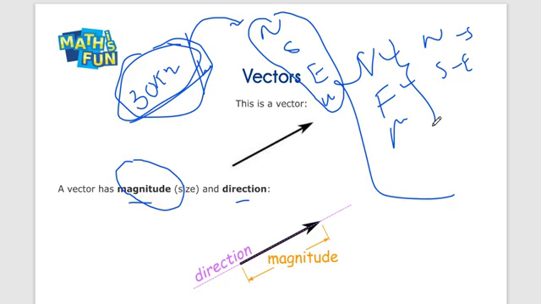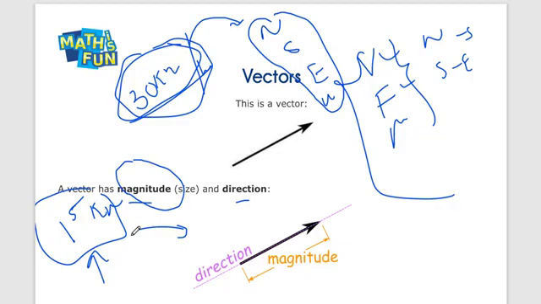But some quantities have only magnitude, like distance. Your distance from home to classes is 15 kilometers. We will not discuss this with direction. This is only magnitude.